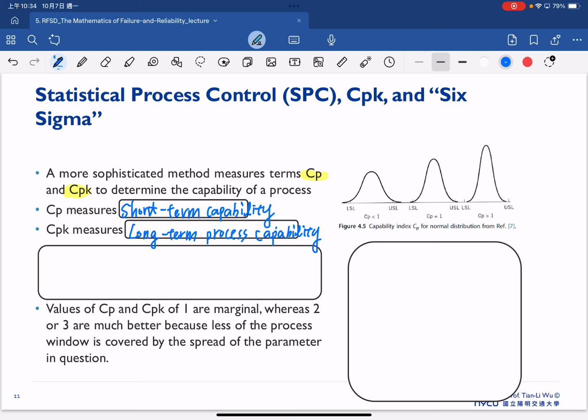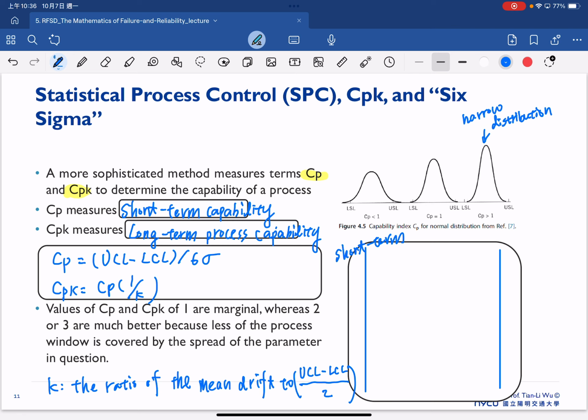And one of the differences between the CP and CPK is we can consider the plot. So the CP is a short term, for example, short term for each step. So that's the distribution for each process step that can also cause a certain distribution of our parameter.